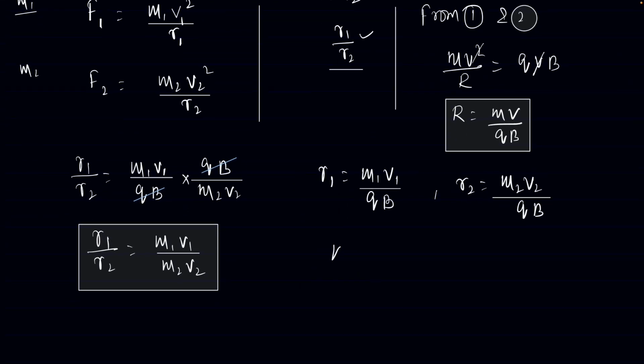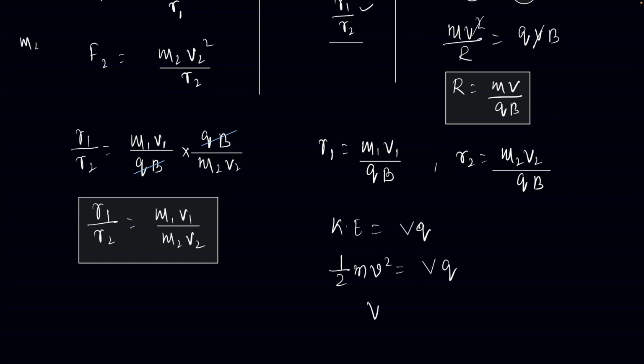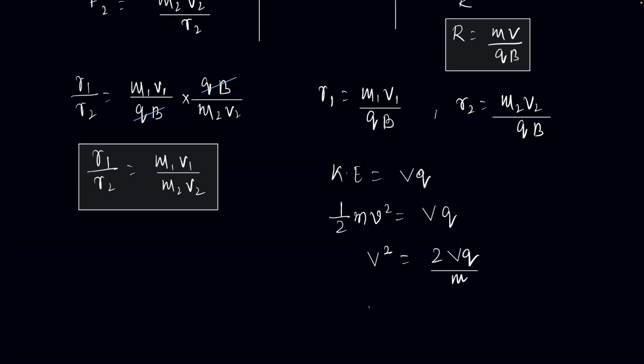So kinetic energy is equal to potential into charge. Kinetic energy is half into m into v square, equal to potential into charge. So from there, v square is equal to 2 into potential into charge by m. So velocity of the first one is the square root of 2 times potential into charge by m1, and the velocity of the second one is the square root of 2Vq by m2.